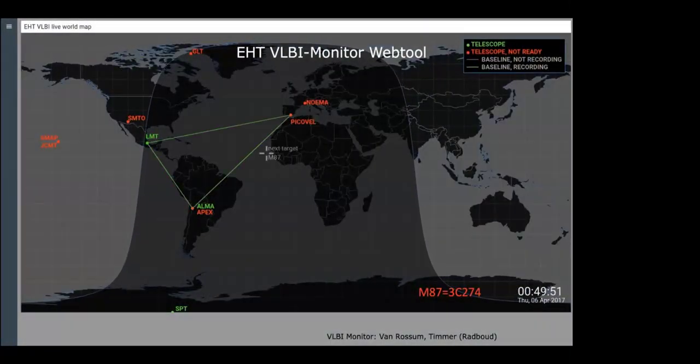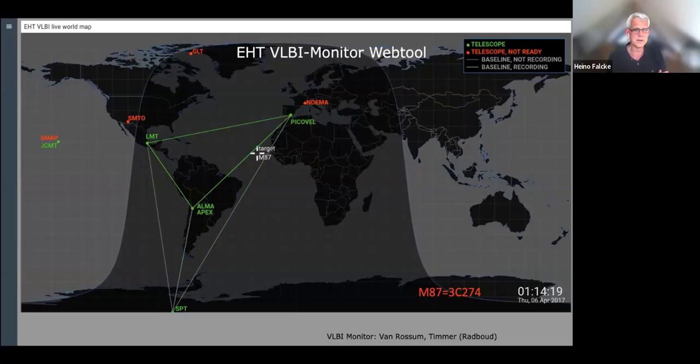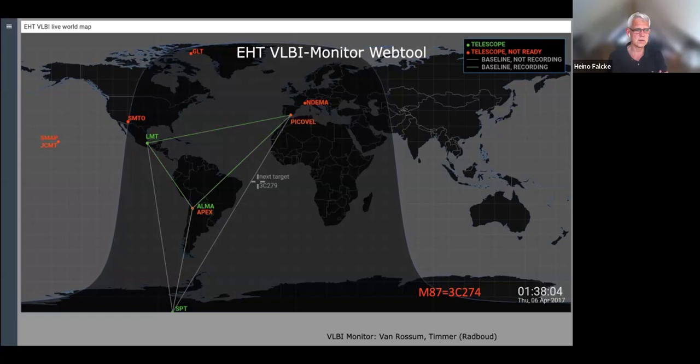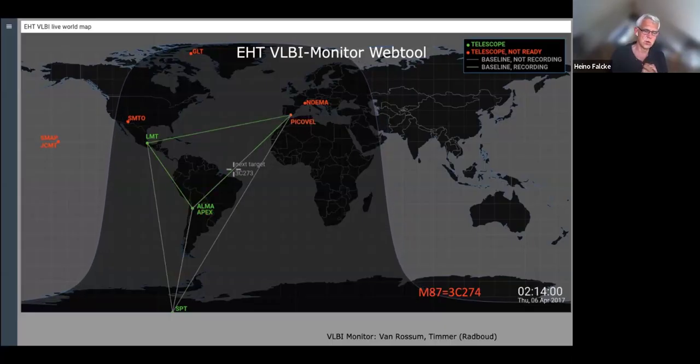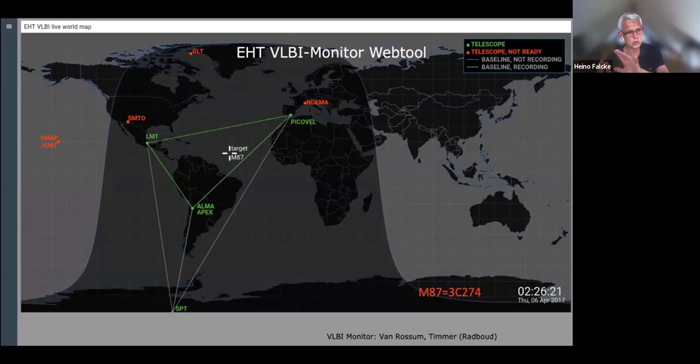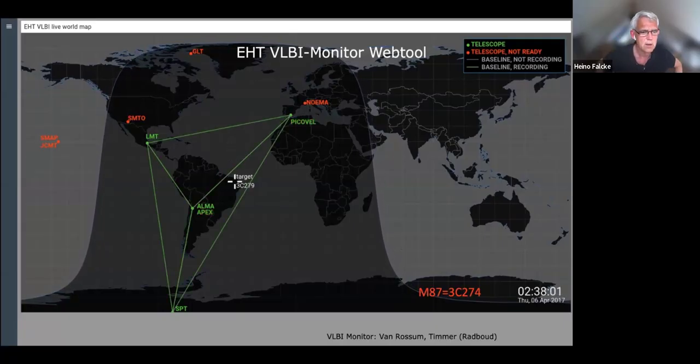Okay, and what you see here is actually a typical observing night. You see the green triangles is when telescopes are recording, and then you see the targets moving across the Earth. It's actually the Earth rotating underneath the targets.